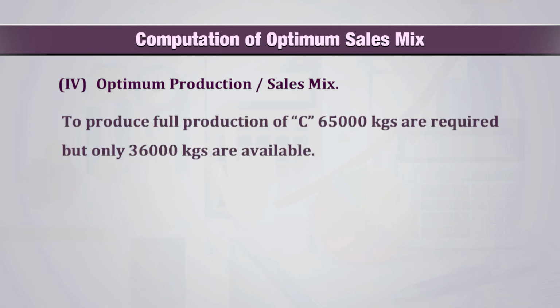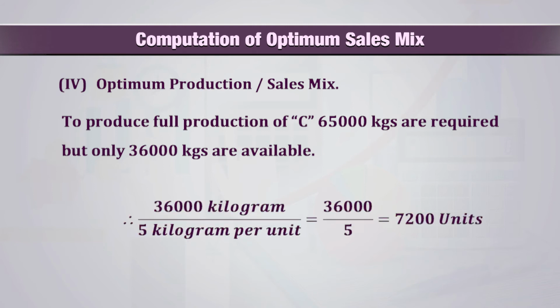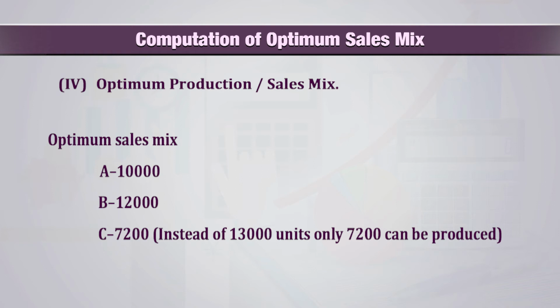To produce full production of C, 65,000 kgs are required, but only 36,000 kgs are available. Therefore, 36,000 kg divided by 5 kg per unit gives 7,200 units. Optimum sales mix for A would be 10,000, B would be 12,000 and C would be 7,200 instead of 13,000 units. Only 7,200 can be produced.